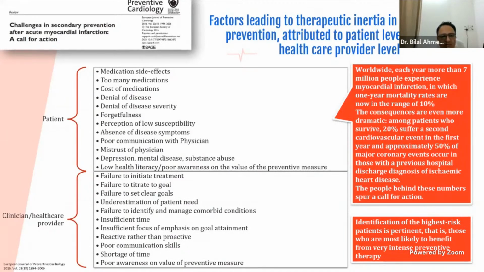The costs. Second thing is forgetfulness, denial, or a communication gap, or low health literacy, or poor awareness about preventive measures for cardiovascular events.